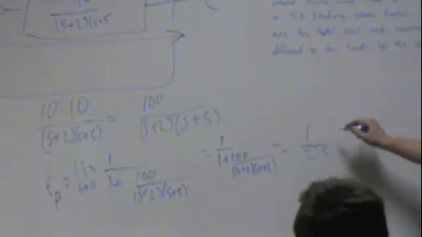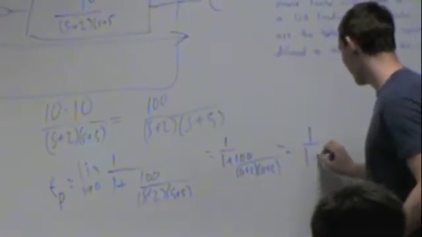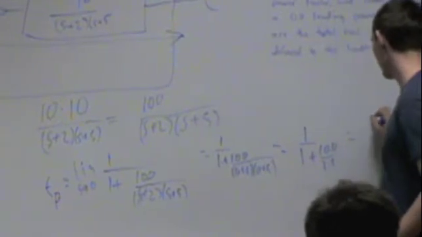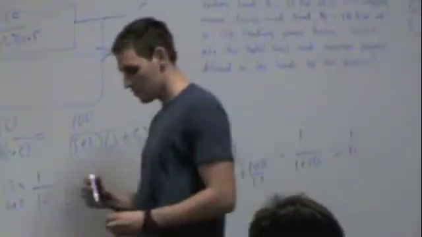So this is 1 over 1 plus 100 over 2 times 5, equals 1 over 1 plus 10, equals 1 over 11, which coincidentally is the error coefficient.